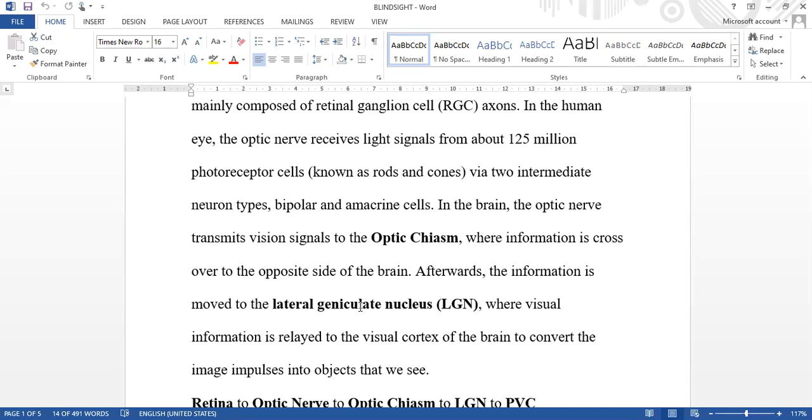It processes only visual information within the thalamus, and we call it the lateral geniculate nucleus. So the lateral geniculate nucleus will then relay the information to the primary visual cortex, also known as striate cortex or area V1, found within the occipital lobe.